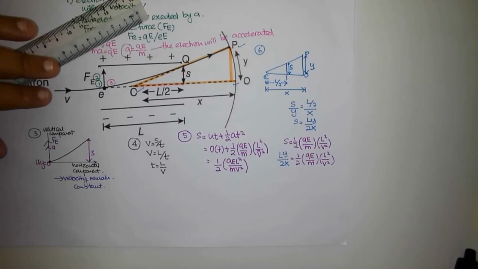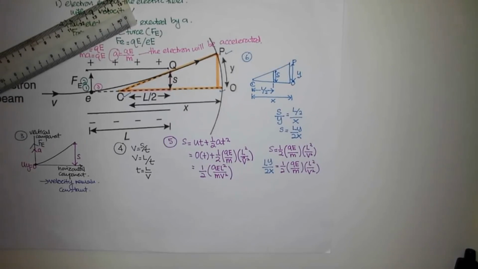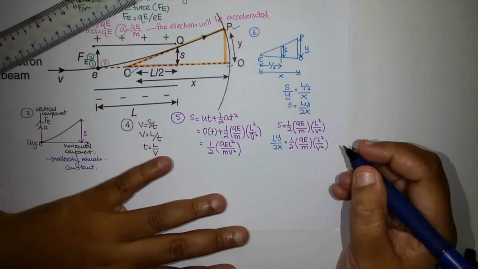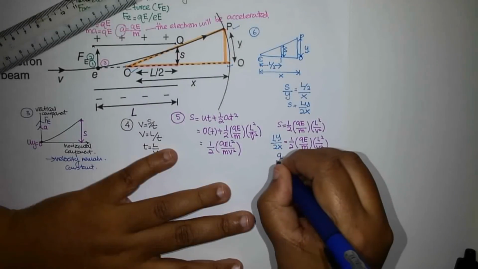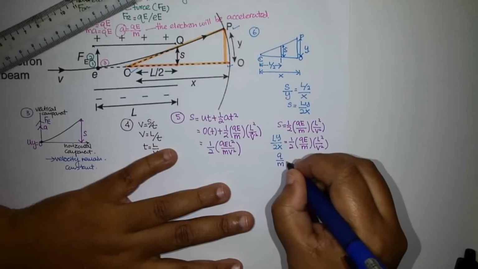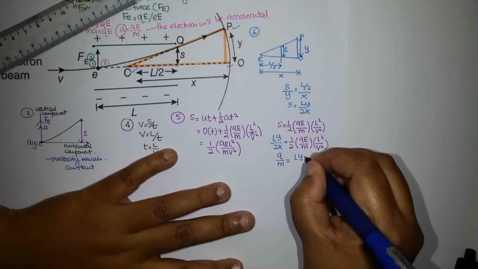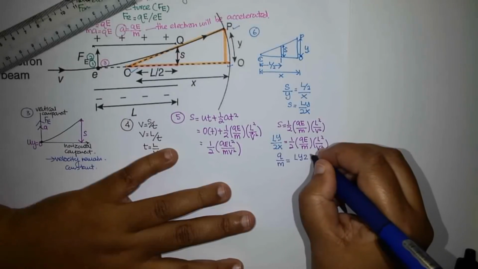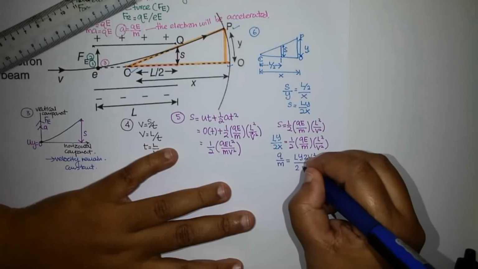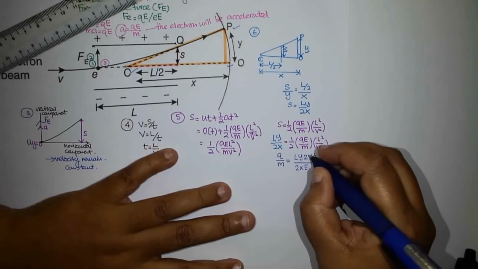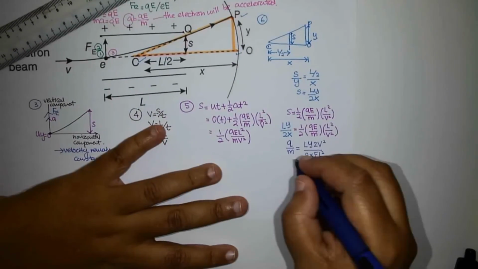Then I will get my E over m, which is Q over m, equals to L y 2 v square divided by 2x E L square. I know I didn't arrange it properly, so now I'm going to arrange it.